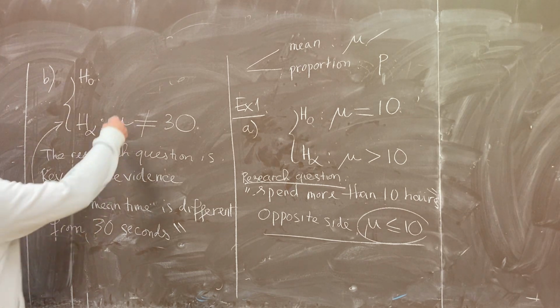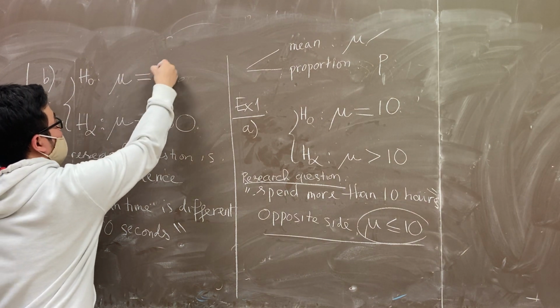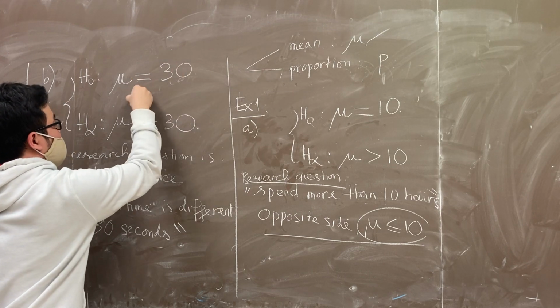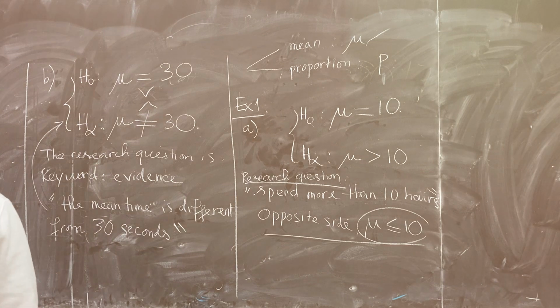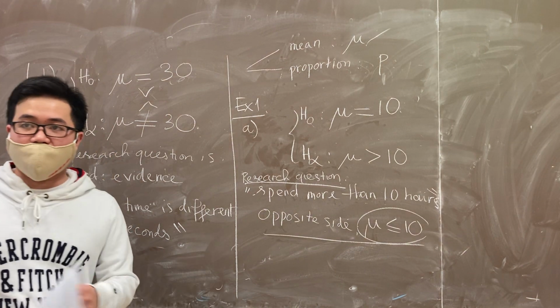The null hypothesis here is mu equal to 30. That is the opposite of the alternative hypothesis. Okay, is it clear, guys? That is the alternative and null hypothesis. Any questions so far?